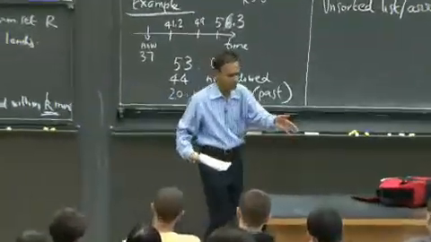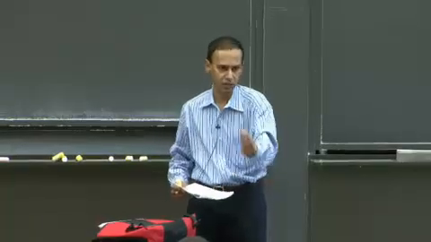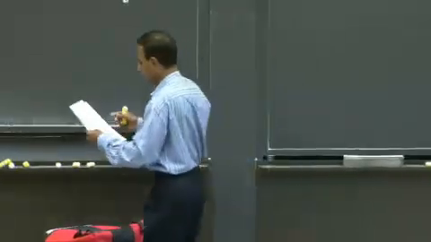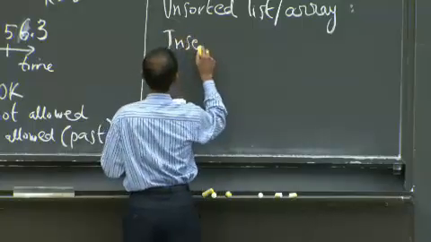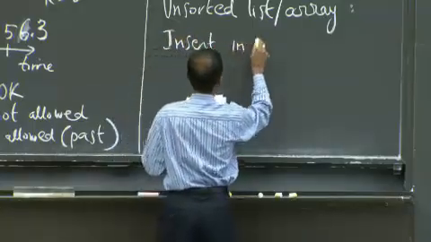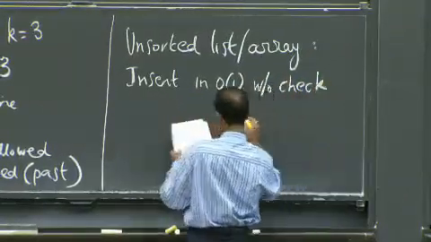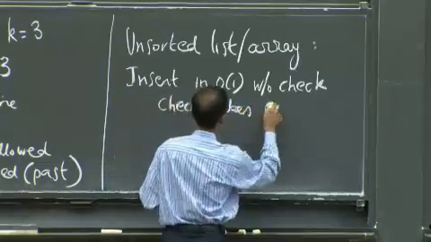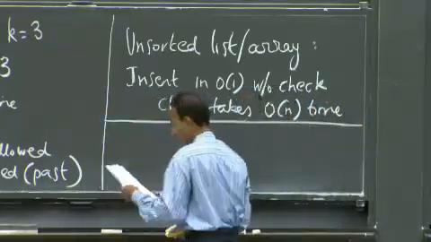You have to scan through the entire array to check to see whether there's a landing time that's within k of the current time t that you're asking for, and that's going to take order n time. All right? So you can insert in order 1 without a check, but sadly, the check takes order n time. All right?